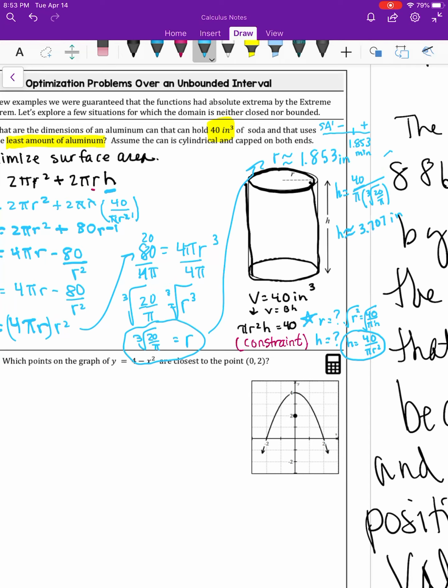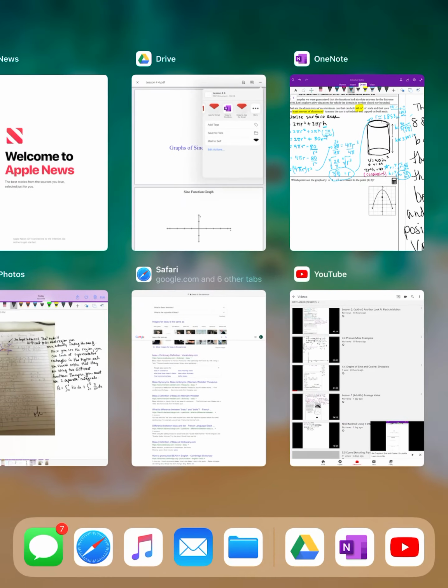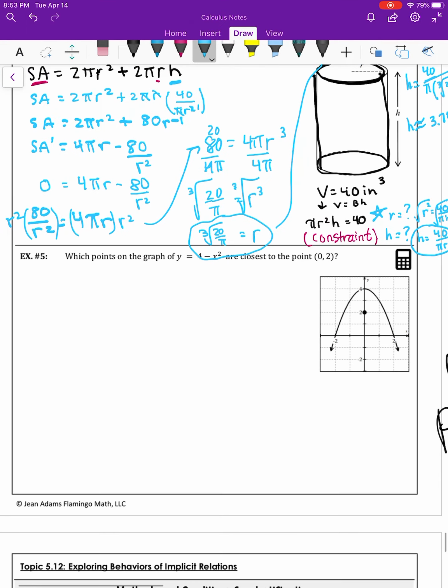Since the surface area prime at 1.853 is 0, and the surface area prime changes signs from negative to positive there, we know that those dimensions are going to give us that minimum surface area. Okay?